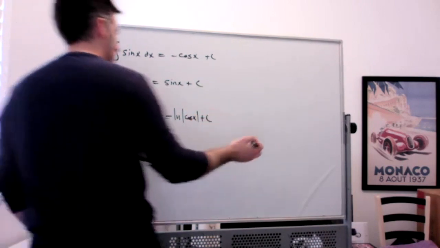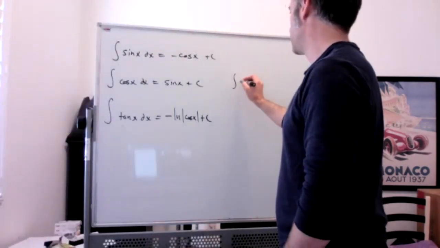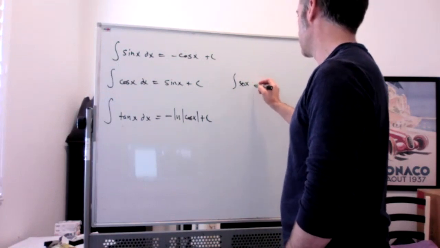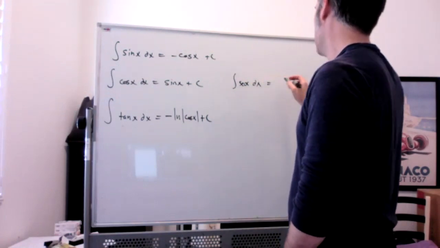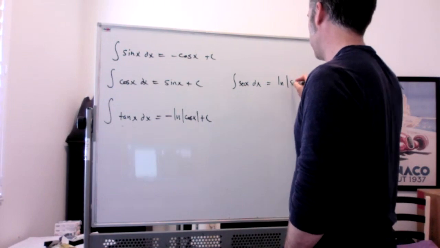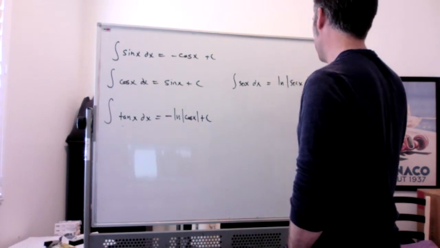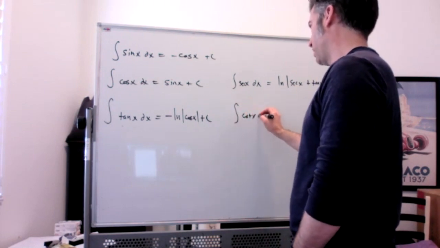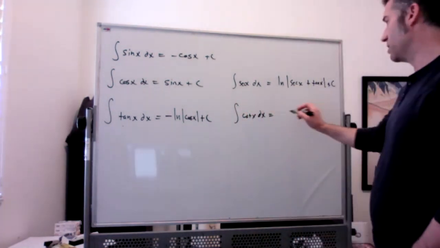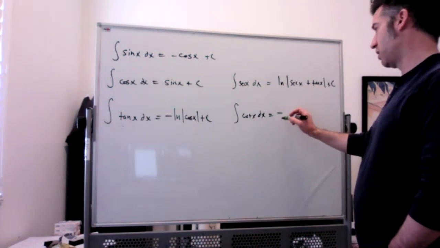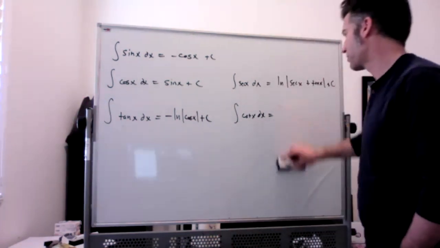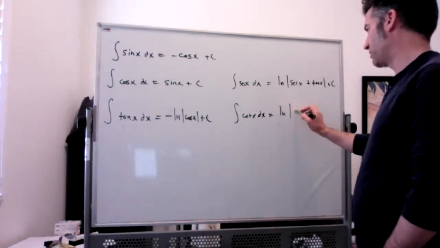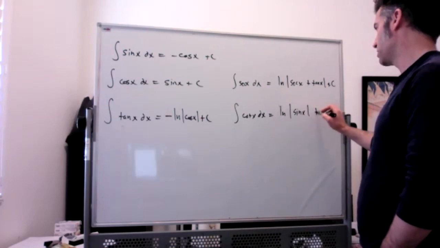The integral of secant of x dx is equal to the natural log of the absolute value of secant of x plus tangent of x. The integral of cotangent of x dx is positive, not negative, natural log of the absolute value of sine of x plus c.